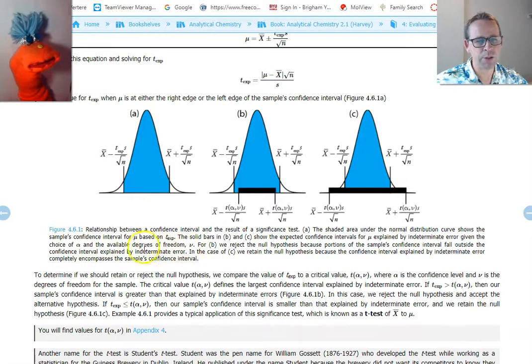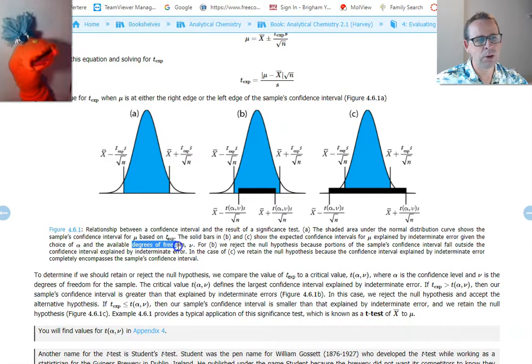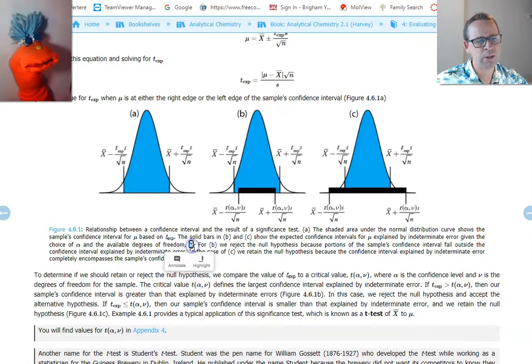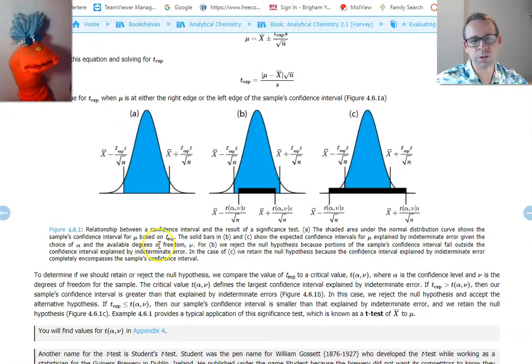V. Now, do you remember what degrees of freedom were? Degrees of freedom was the number of measurements minus 1. That's right. And here's our new symbol, V, for the degrees of freedom, so that's the variable we'll use later on.